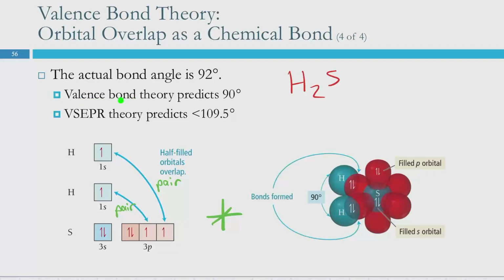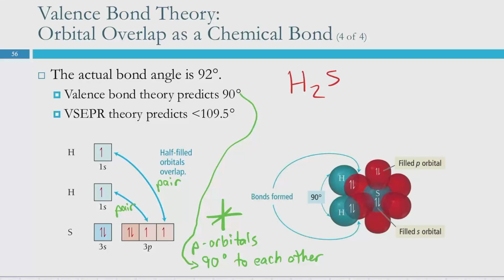So based on valence bond theory, we're predicting 90 degrees because p orbitals are at 90 degrees from each other. So that's why we're predicting this 90-degree bond angle.